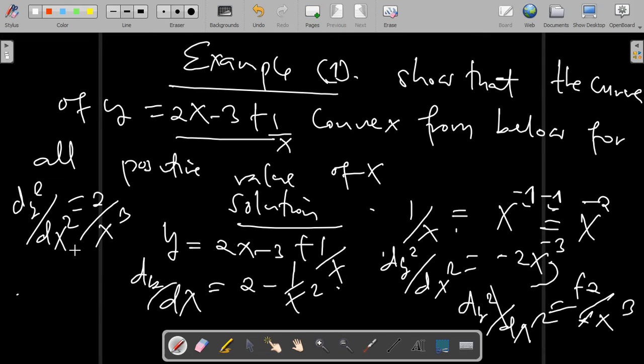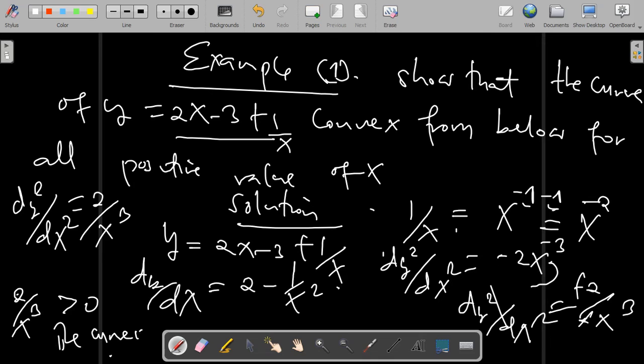Since our second derivative of this function, 2 over x cubic, is greater than 0, so the curve is convex from below for all positive values of x. So we may consider that since the second order derivative of the function, 2 over x cubic, is greater than 0, so we may conclude that the curve is convex.